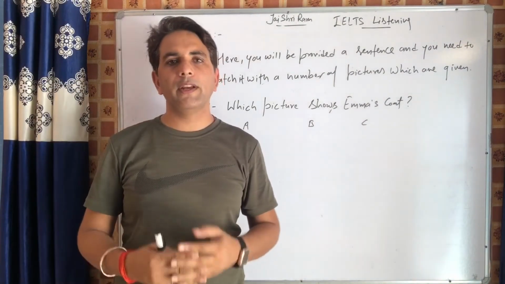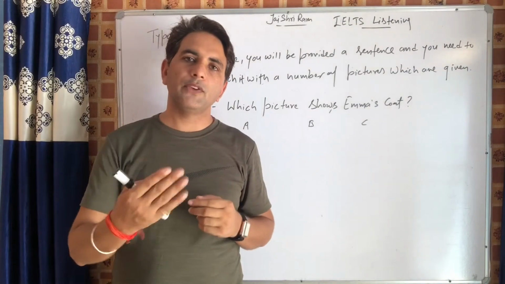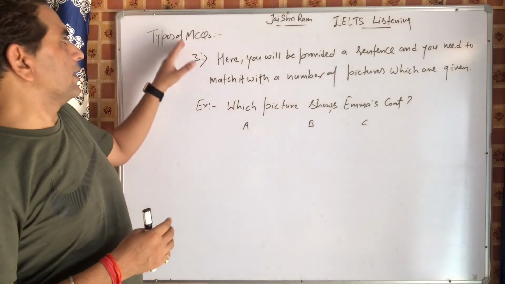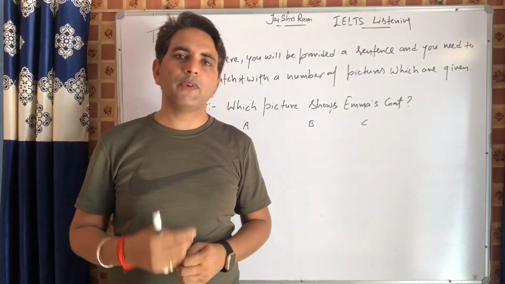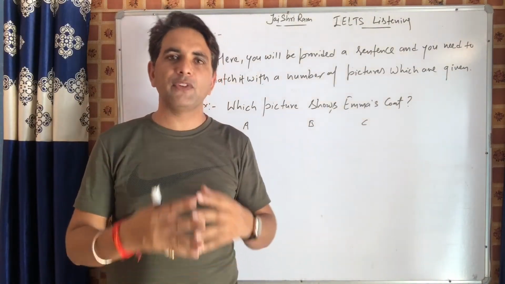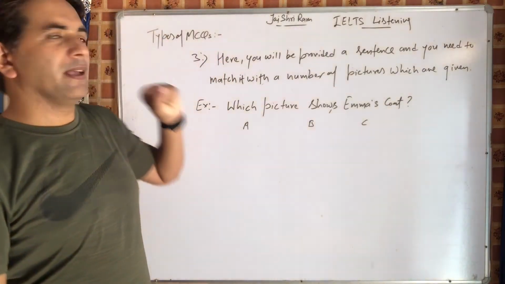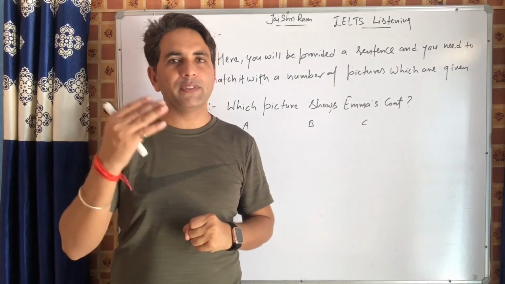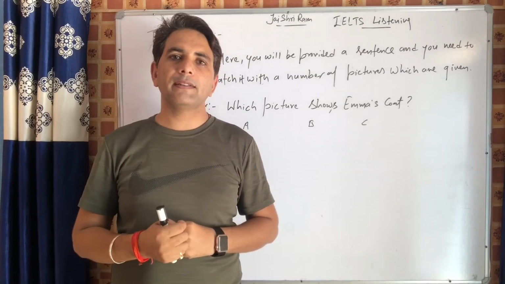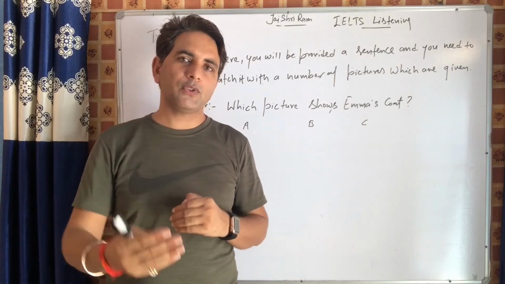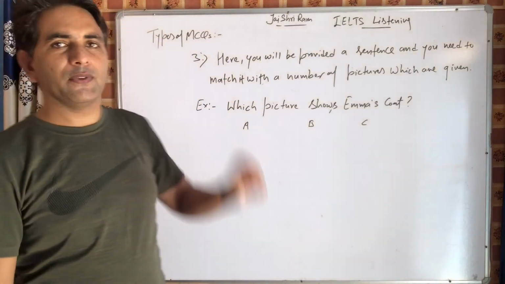So dear student, today we have discussed the use of MCQs, different parts, and different types of MCQs. In the next video, we are going to discuss some difficulties which are faced by students while completing MCQs, and some tips and tricks with some practice. So you will be able to understand how you need to solve MCQs.